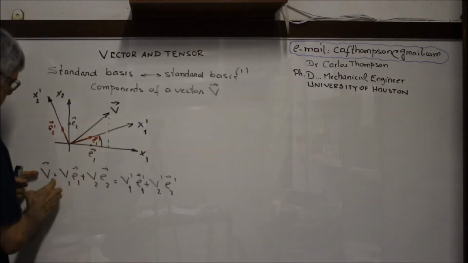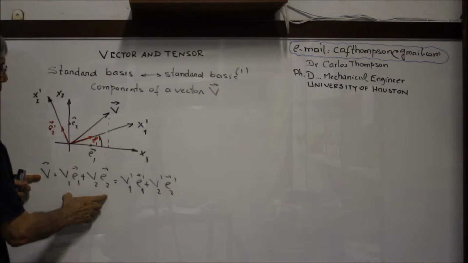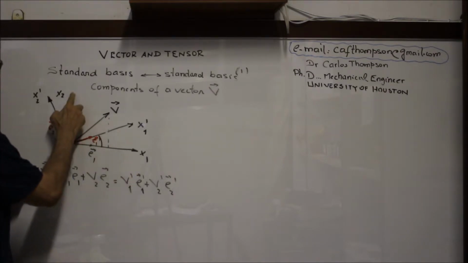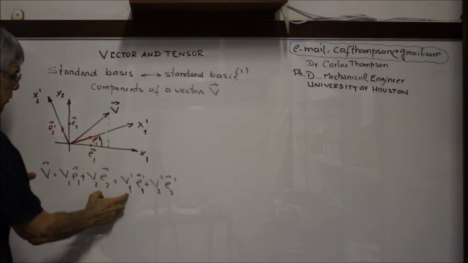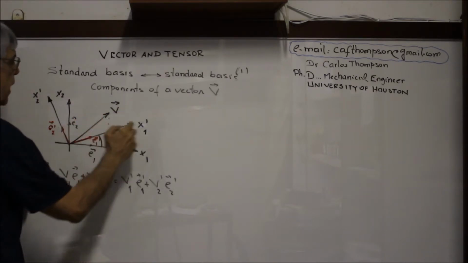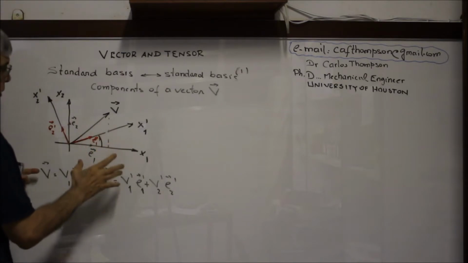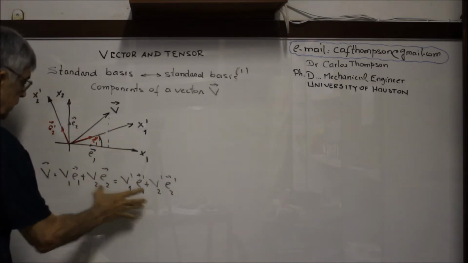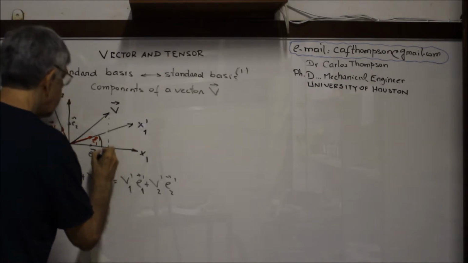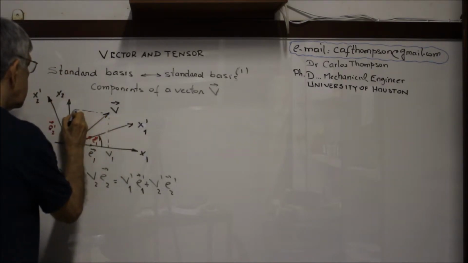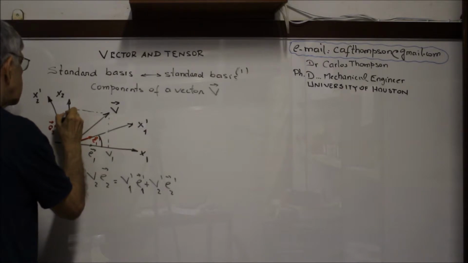So V can be written in terms of the x1, x2 axes, and the same V can be written in terms of the x1 prime, x2 prime axes. Now, here is V1, and here is V2.